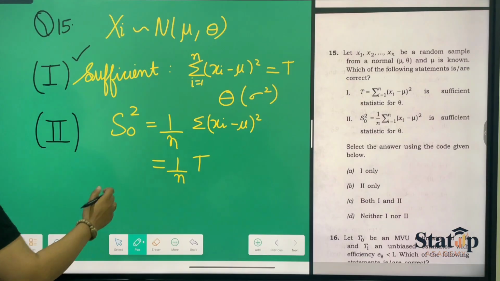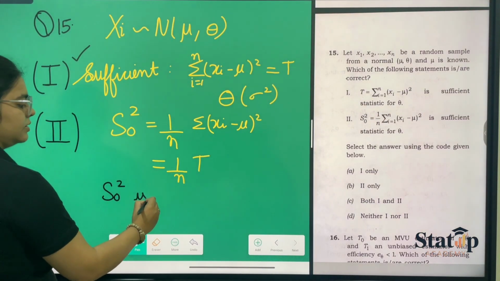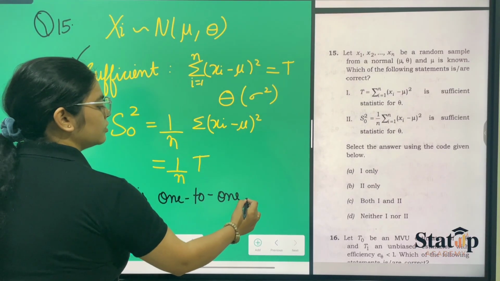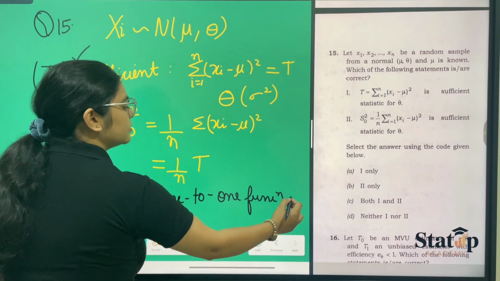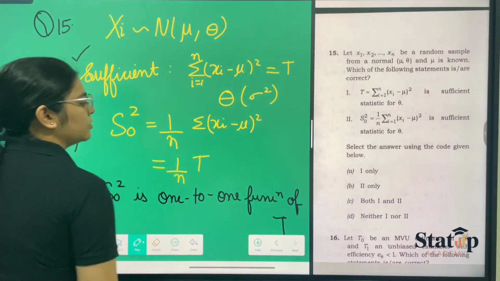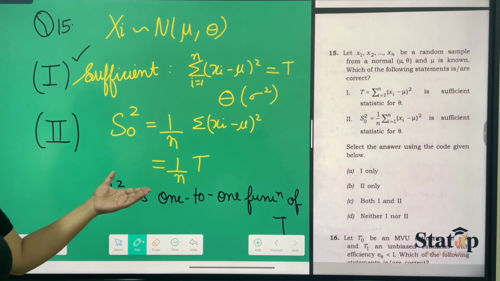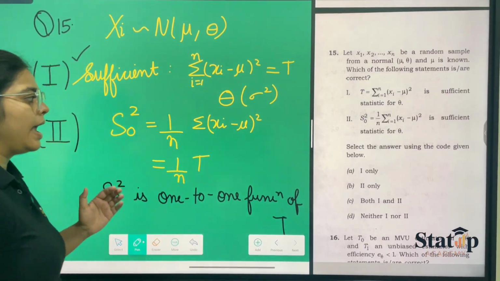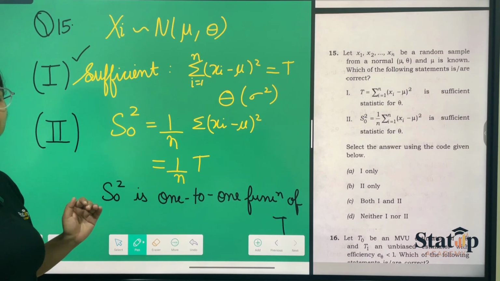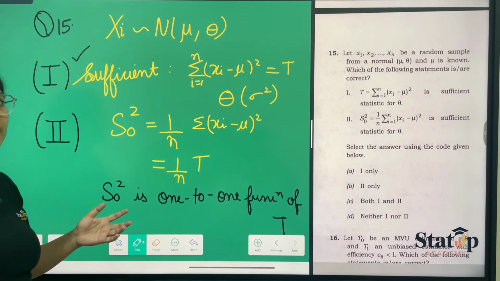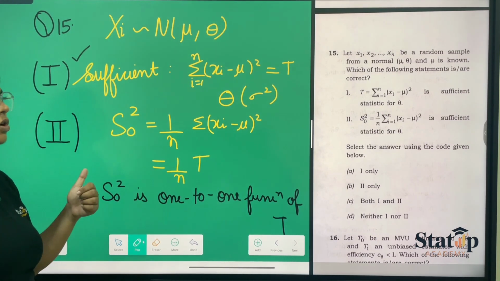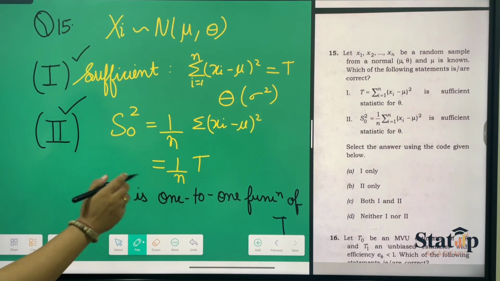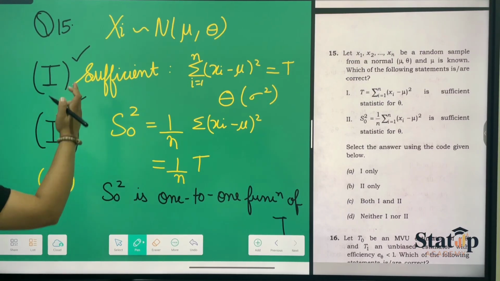So we can say that S naught square is a 1-to-1 function of t, a 1-to-1 function of a sufficient statistic. Any statistic which is a 1-to-1 function of the sufficient statistic is also a sufficient statistic. This is also one of the theorems. So hence statement 2 is also correct.